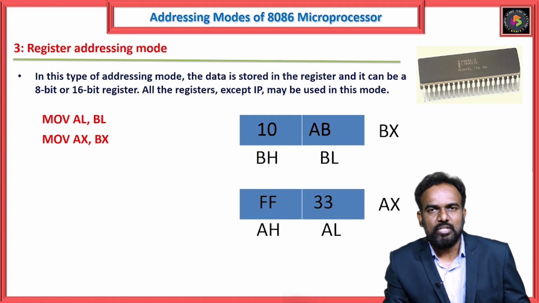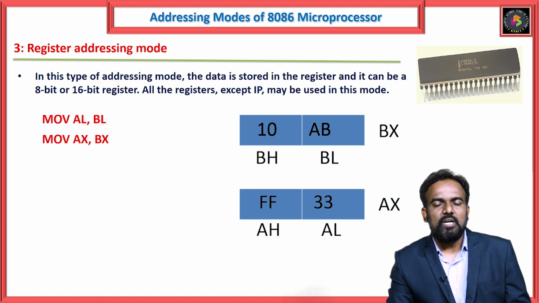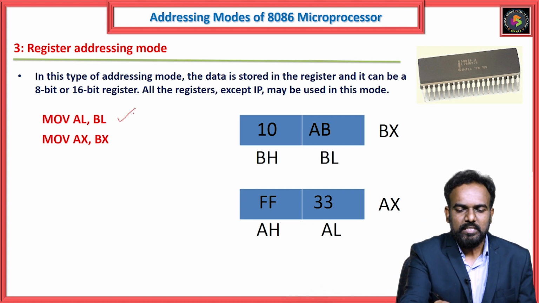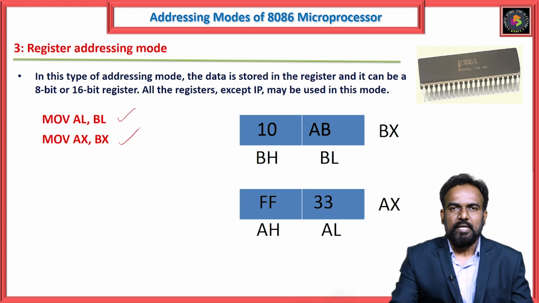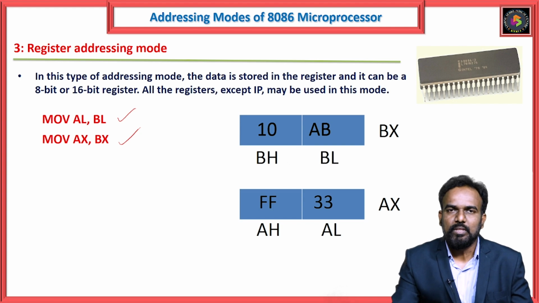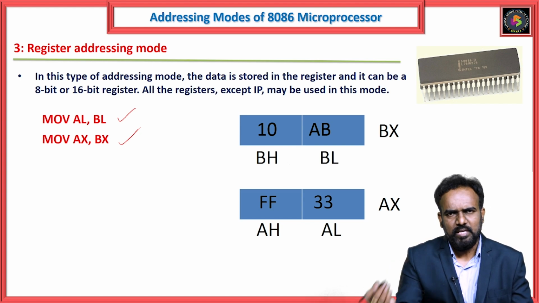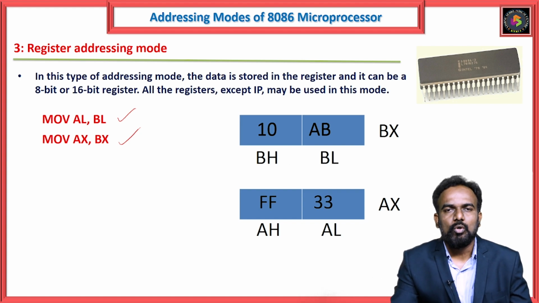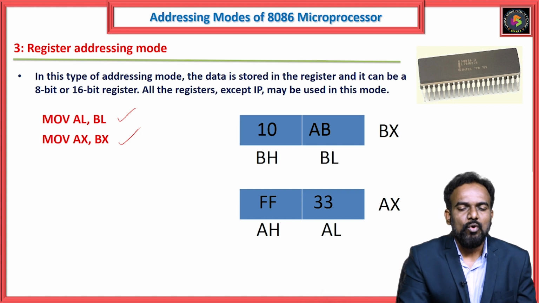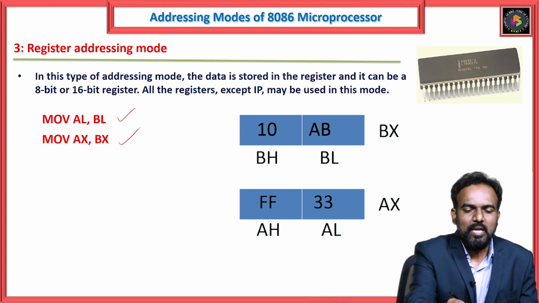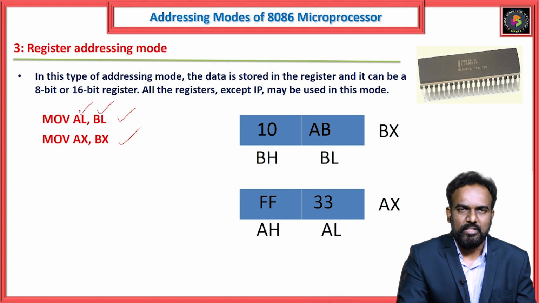Next one is the register addressing. In this register addressing, these two are the example instructions. The two operands must be 2 registers, for example AX, BX, CX, DX. In the first example, if that is an 8-bit operation, AL and BL are the 8-bit registers.